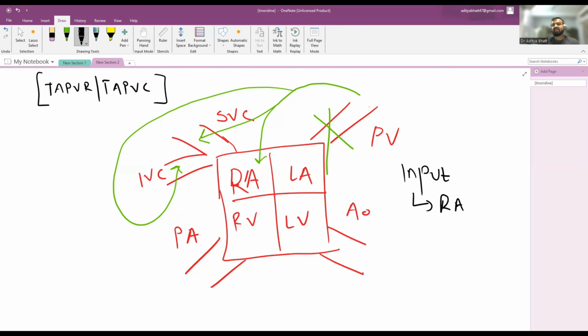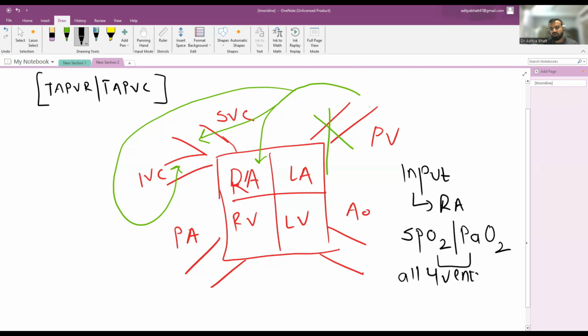So there is a possibility that in these patients, the SpO2, the PaO2, the oxygen pressure of all four chambers is the same, because the source of blood is the right atrium.